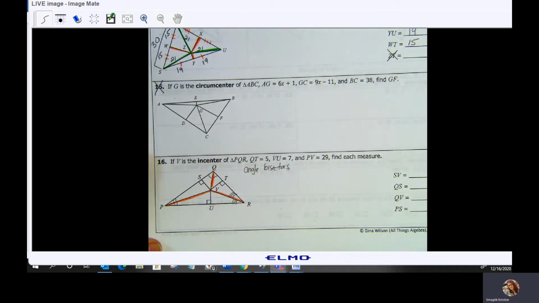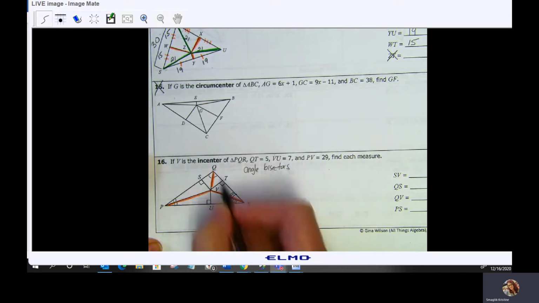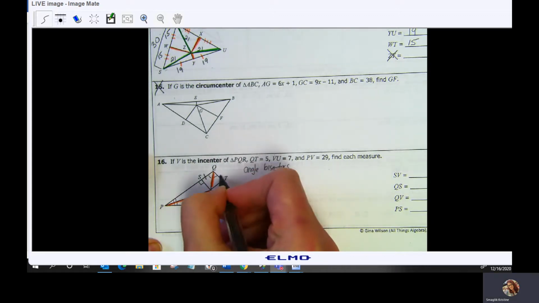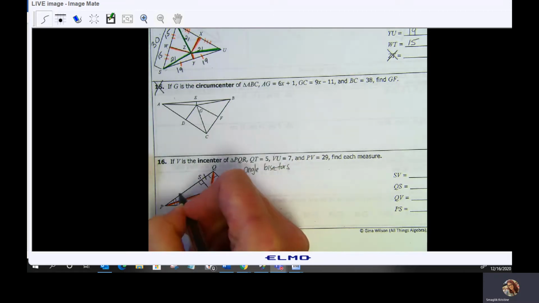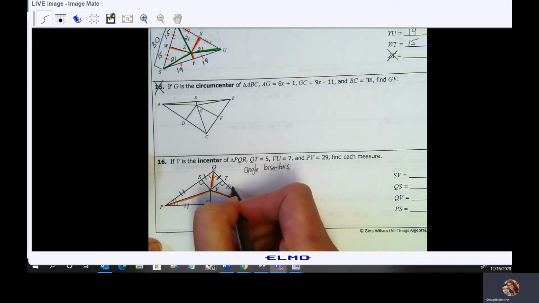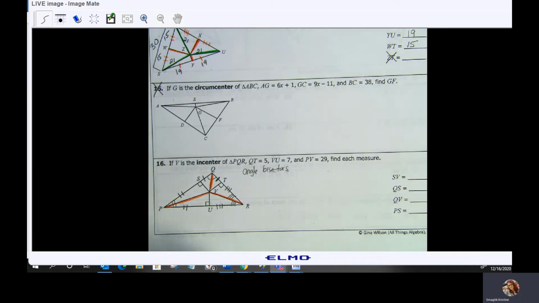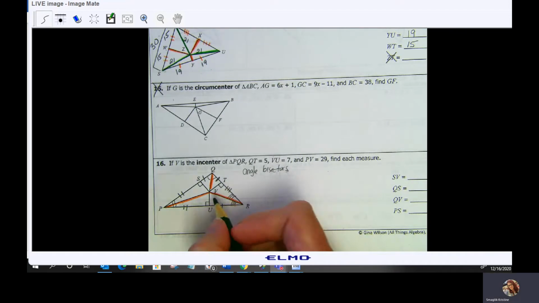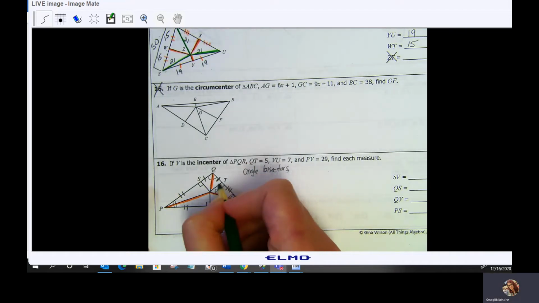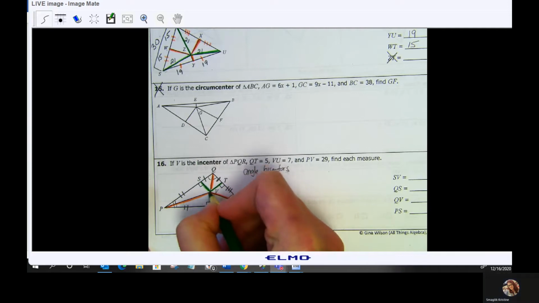Those are going to be congruent. We also know from our relationship of the incenter, these two legs will be congruent. Those two will be congruent, and these two legs will be congruent. We also know the incenter is equidistant from each side. So here's my incenter, and here's the side. So again, anything I am putting in green right now is congruent.